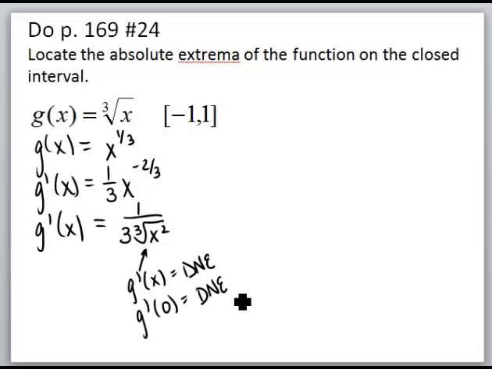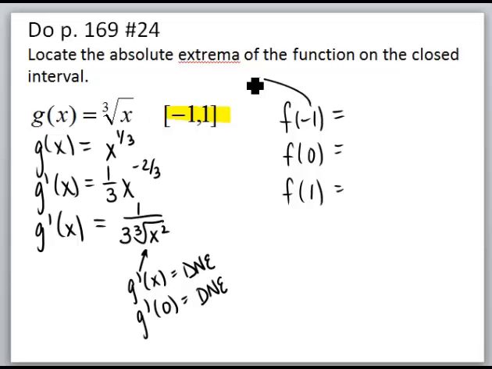So I need to determine where those absolute extrema are. I am looking at this interval, so 0 is within that interval. So I need to test the y value at -1, the y value at 0, and the y value at 1. What are those heights? Well, I will plug in -1 for my original, and I will get -1. I'll plug in 0, and I'll get 0, and I'll plug in 1 to get 1.